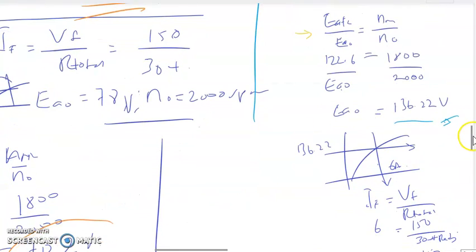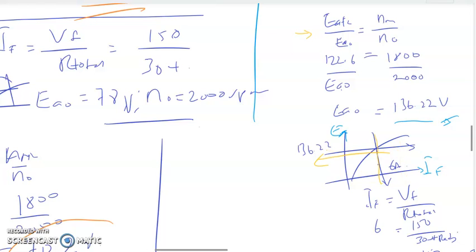From this EA naught, we refer to the graph of EA versus IF. Previously, we had IF and then found EA. Now it is the reverse: we have EA and we find IF.